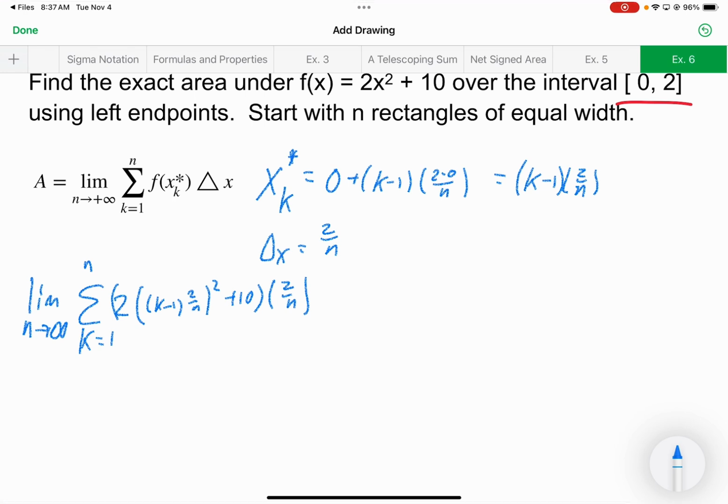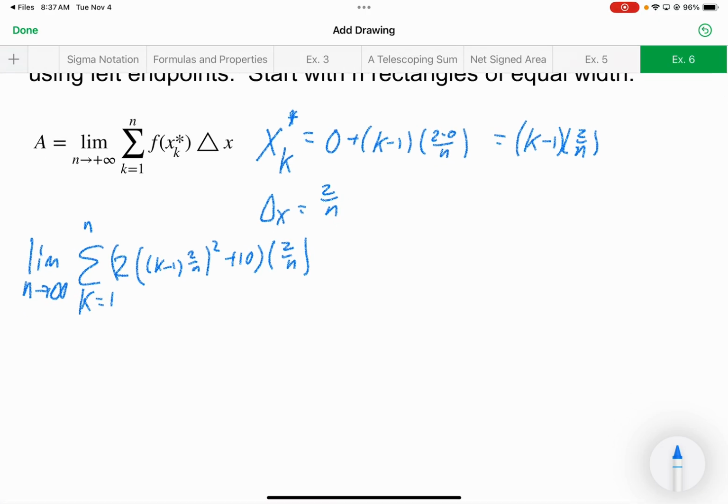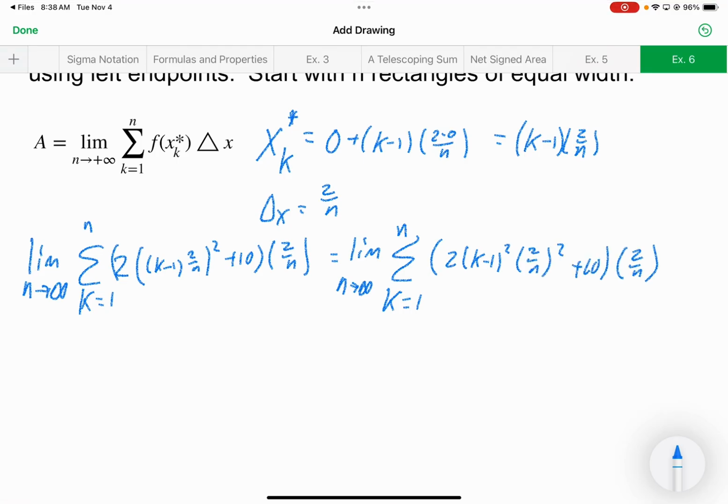Okay, so we start expanding this out. I'm going to start by squaring: 2 times k minus 1 quantity squared times 2 over n squared, and then plus 10 times 2 over n.